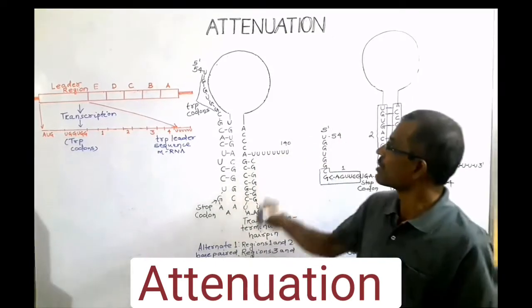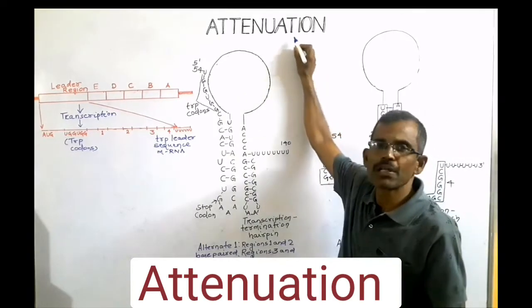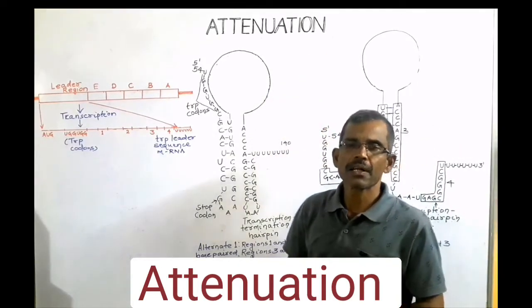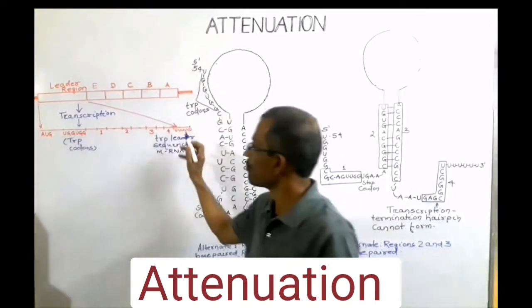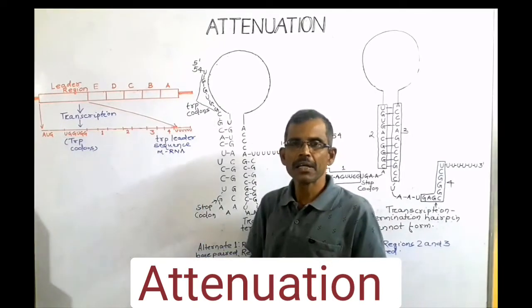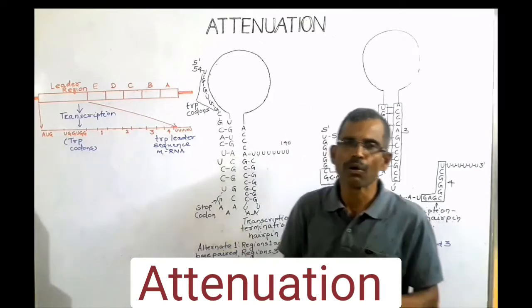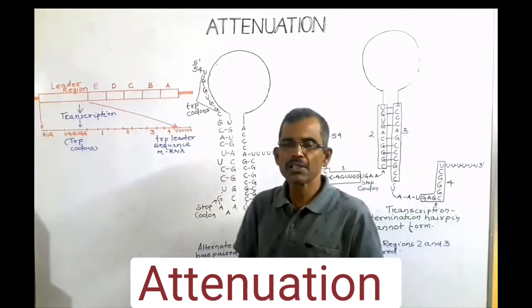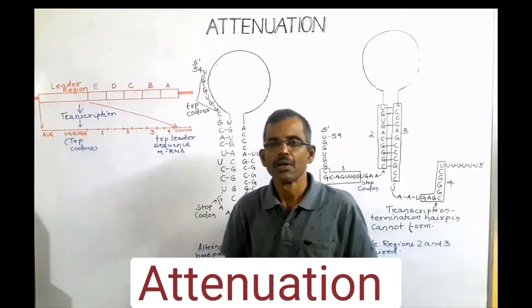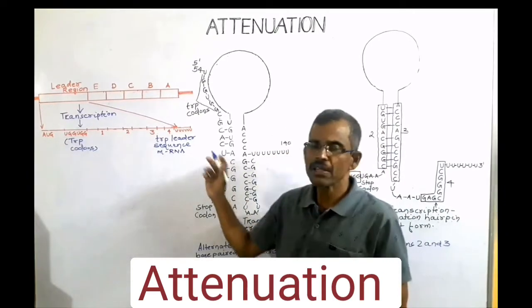Friends, today we shall discuss attenuation. Deletions that remove a part of the tryptophan leader region result in an increase in the expression of the tryptophan operon. However, this deletion will have no effect on the repressibility of the system.